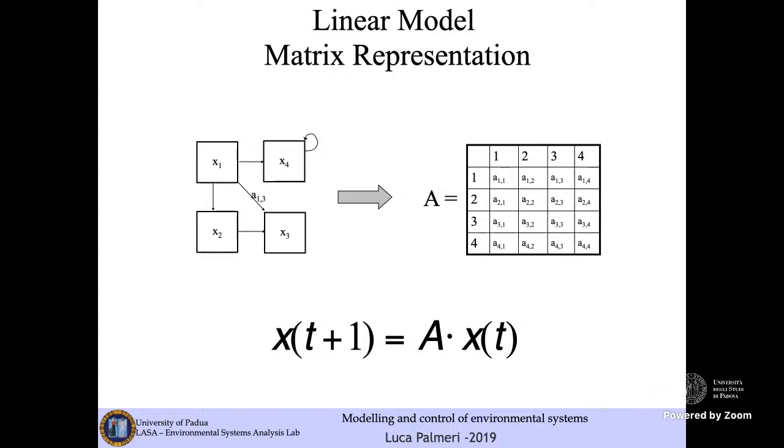And I, for example, may decide to schematize my system by introducing 4 elements. These are 4 actors playing into my plot. X1, X2, X3, and X4 are state variables describing the state of a system.